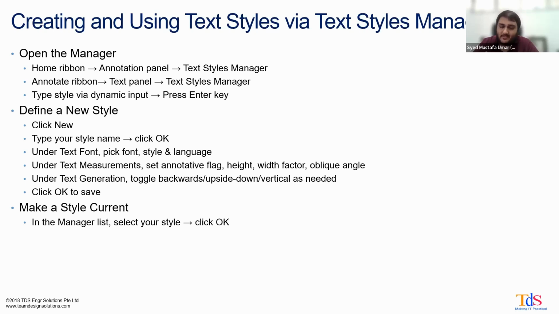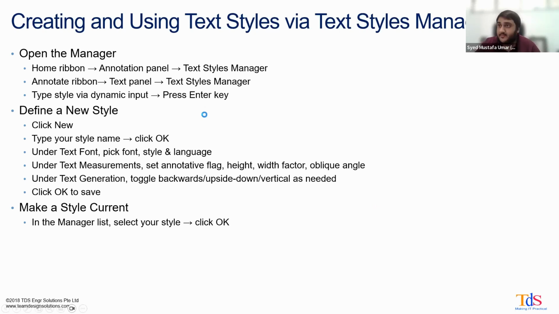By text styles, we just mean the text that you write, be it single line or multi-line. What is the style for that? By style, we mean things like height, maybe the font, maybe the gap between each line if it's a multi-line text, maybe something about the angle, etc. We'll see what I mean once we open up the text style manager.